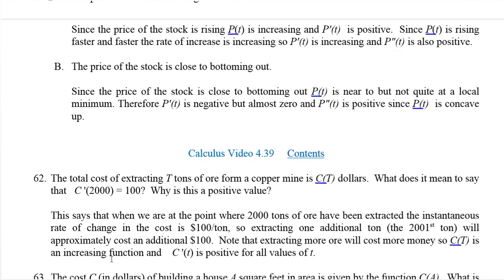The units would be the units of C over the units of T, so it would be dollars per ton. Right at that point, it's costing us $100 per ton. In other words, to get one additional ton, the 2,001st ton, it will approximately cost an additional $100.